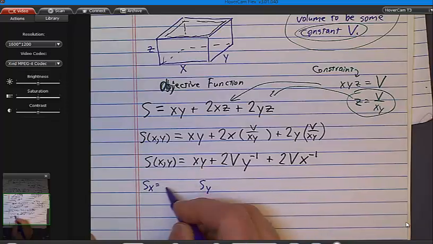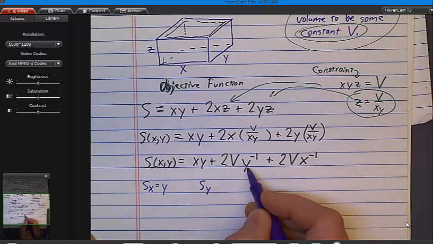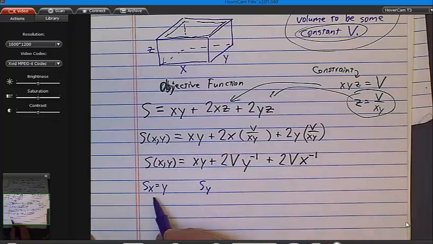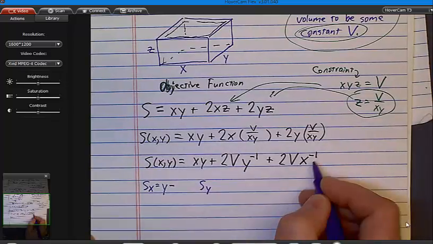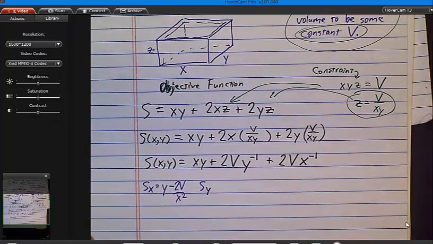So it's going to be y, and then when I treat y as a constant here, this just becomes 0, right? So y plus 0, and then what about here? I guess I get minus 2v over x squared. Is that okay?